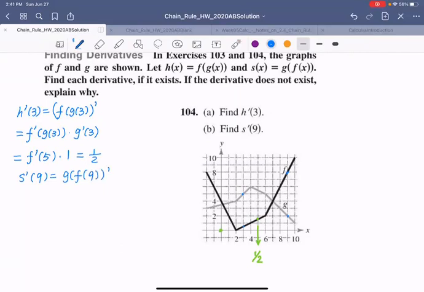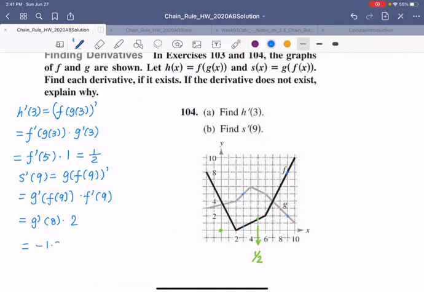So we want to do g prime of f of 9 times f prime of 9. f of 9 looks like 8. f prime of 9, I think that's 2. g prime of 8, the derivative slope, that's -1.